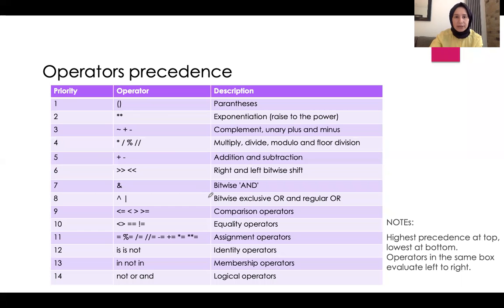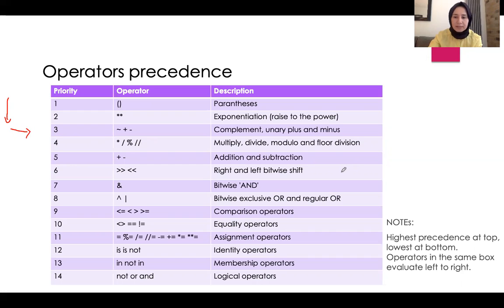Those are the operator precedence rules, with the highest precedence at the top and the lowest at the bottom. So this is from the top to the bottom and from left to right.